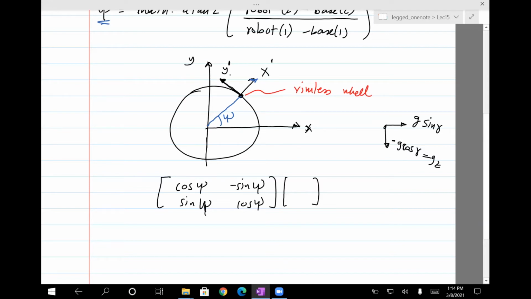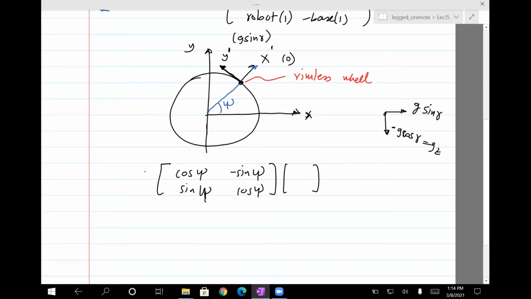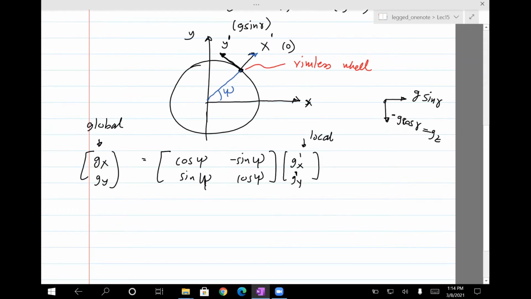So this is going to be 0. This is going to be g sine gamma in the local coordinate frame along gamma. We need to convert that into the global coordinate frame. So we want the global x and y. This is global, and here we need to put the local x and y. This is the local.